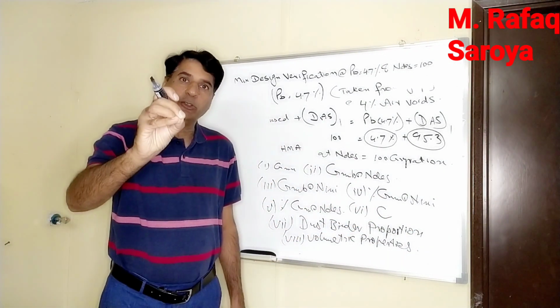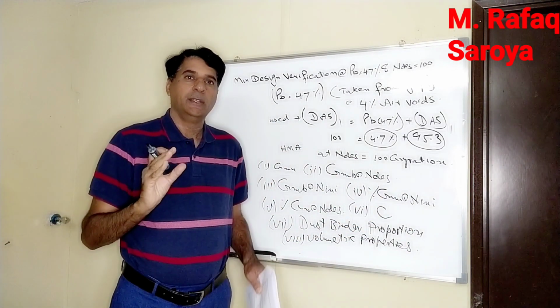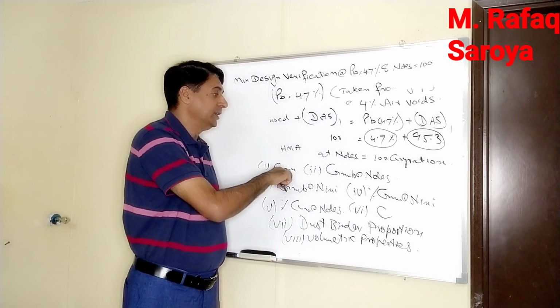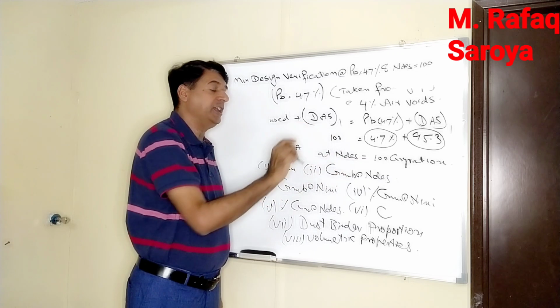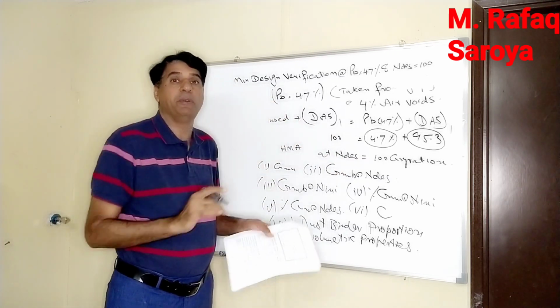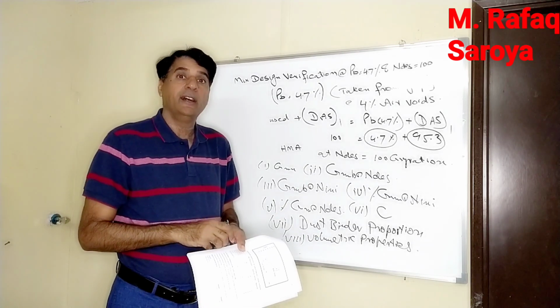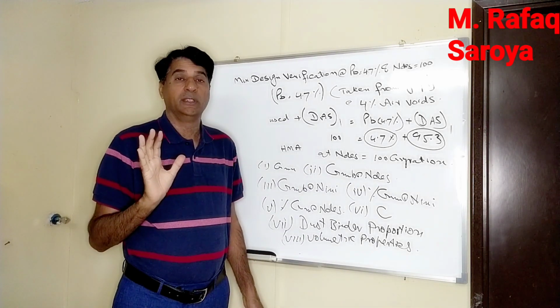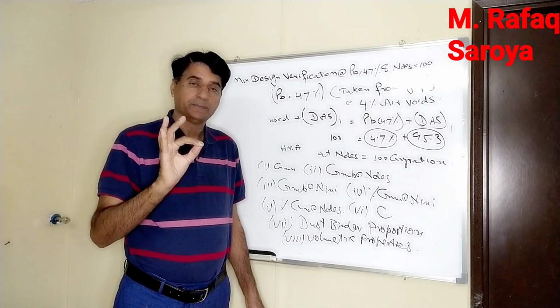Now here I would like to tell you one thing. You know the procedure how to find out the GMM. You know the procedure how to find out the value of GMB. I have explained all these procedures in my previous video. Over here I will just go on writing the values. Understand my point?